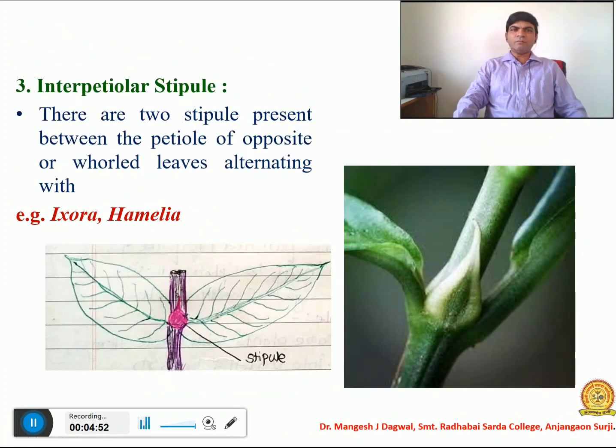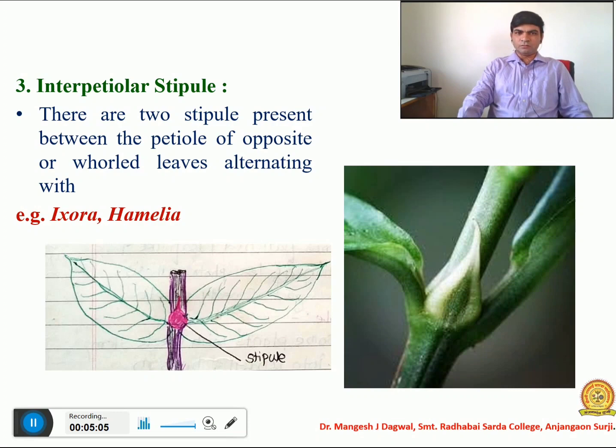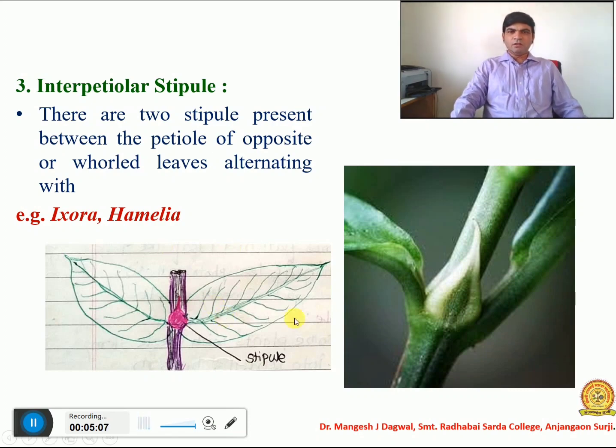Another one, the interpetiolar stipule. There are two stipules present between the petioles of opposite leaves. Here are the two leaves, and in between them there is a formation of these stipules.